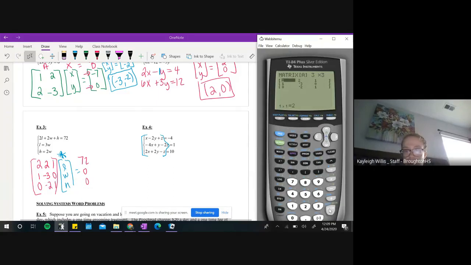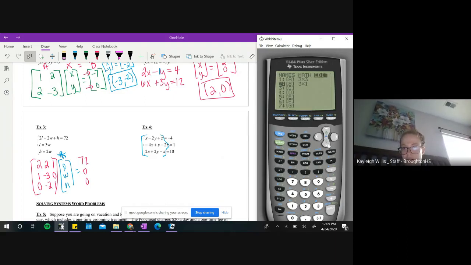And I'm going to type in 1 because that's what's in front of x. Negative 2, 1. Then I have negative 4, 1, negative 2. And then I have 2, 2, negative 1. And then I just need the constant matrix, 3 by 1. And that was negative 4, 1, 10.